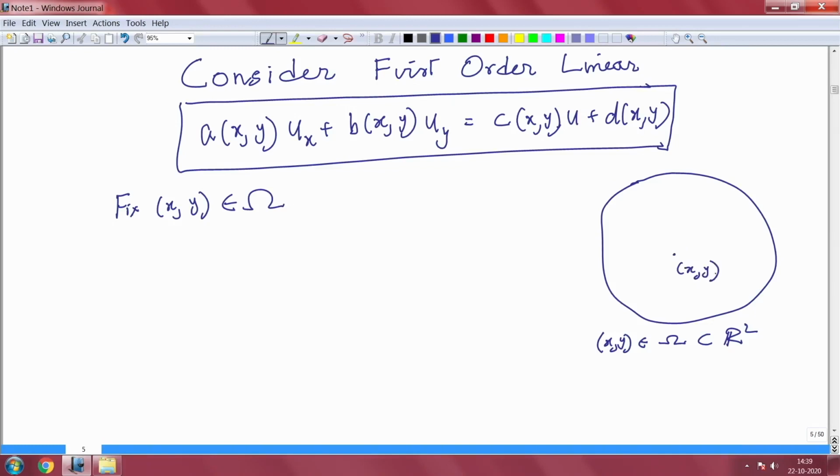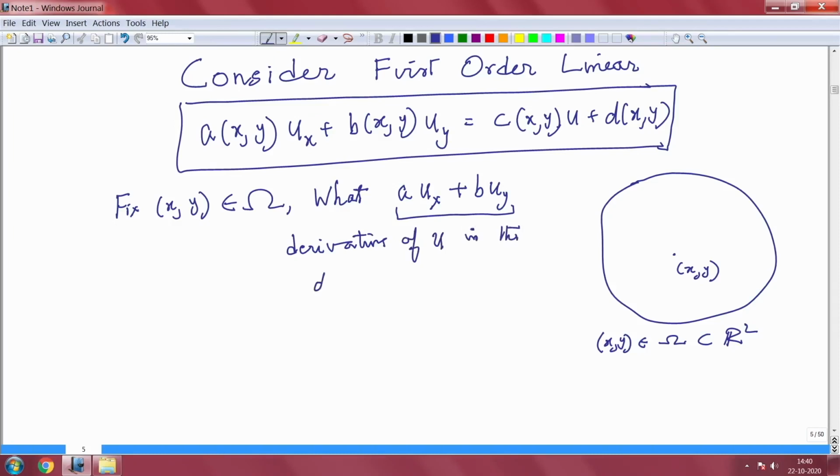Okay. And for that (x,y), what does a u_x plus b u_y represent? If you recall my preliminary lecture, you will see that this is nothing but the derivative of u in the direction (a,b).